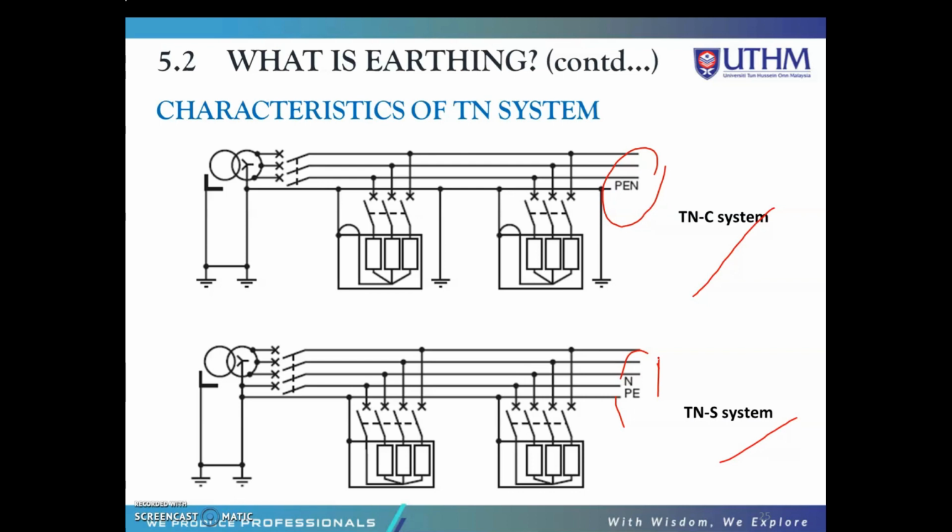TNC we normally use for the consumer earthing terminal in places that have potential leakage current, for example bathrooms, and also high power gadgets, for example in the kitchen, light power loads, for example in bedrooms, and also machine tools. While TNS we normally use for electronic equipment such as computers and PLCs.